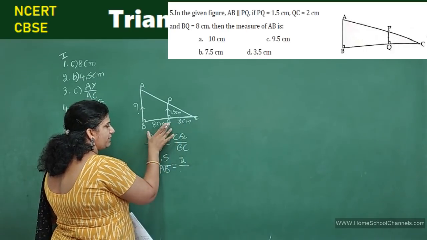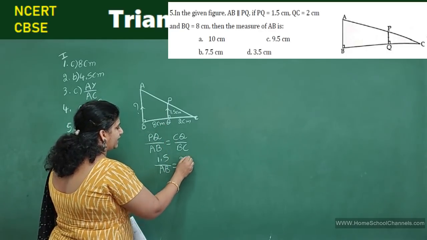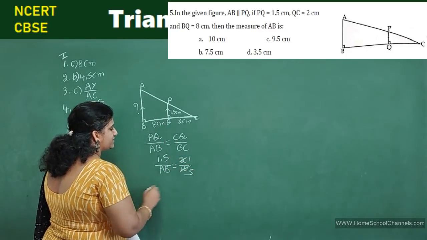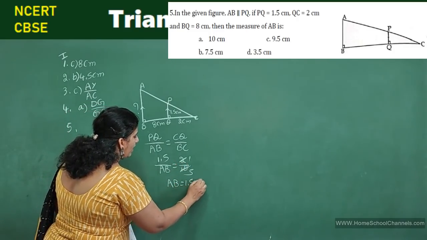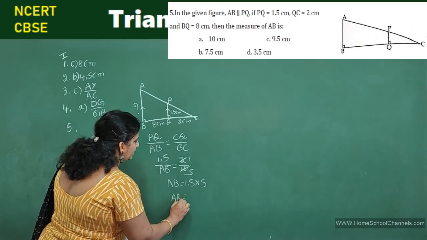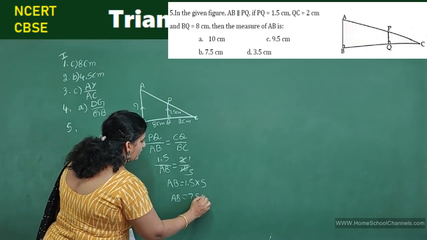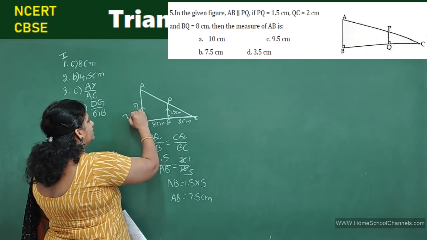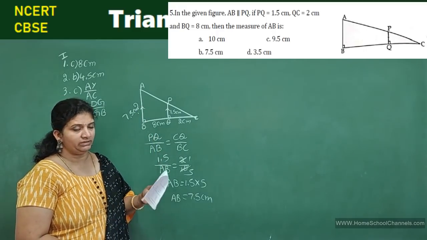BC means BQ plus QC, 8 plus 2, which is 10. Then AB is equal to 1.5 into 5, which is 7.5 centimeters. Therefore, AB length is equal to 7.5 centimeters.